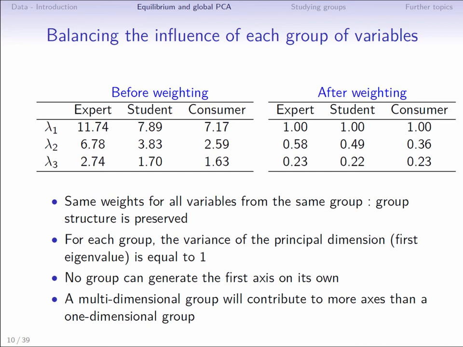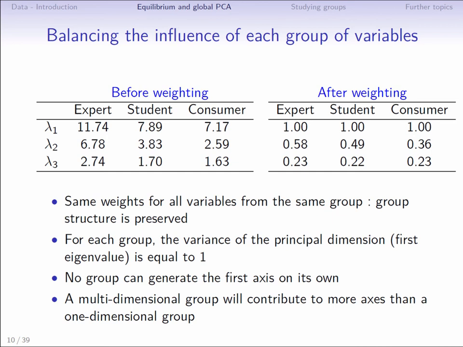One last important thing to note. This weighting sets to 1 the main dimension of variability, and the following eigenvalues are decreased proportionally. Thus, a more multidimensional group will contribute to more dimensions because its overall inertia after reweighting is greater.